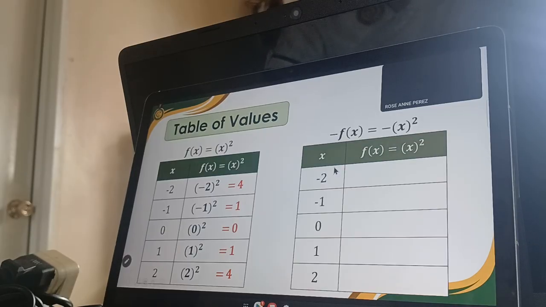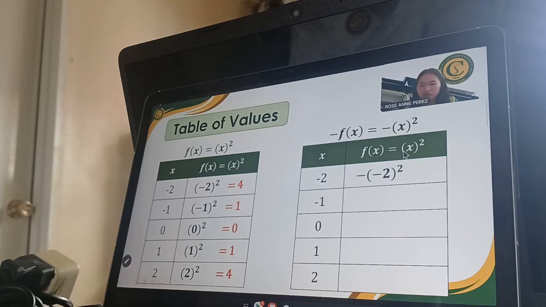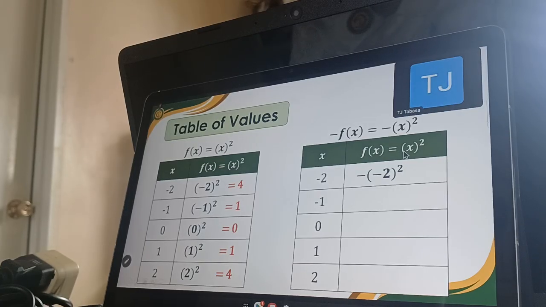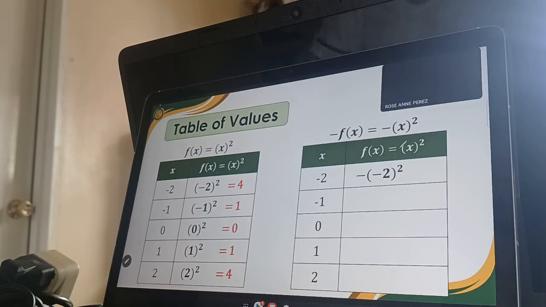Use the table of values to graph its reflection. Substitute all the values of x. Note there is a negative sign on this part, so your equation is negative f of x equals negative quantity of x squared.